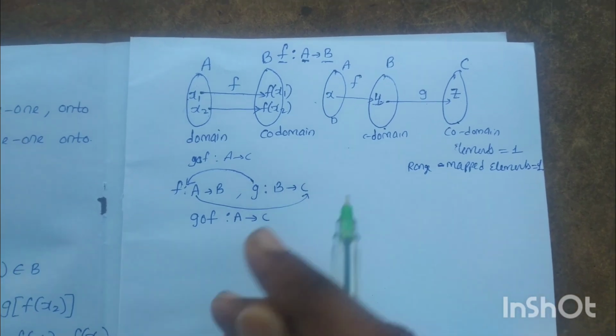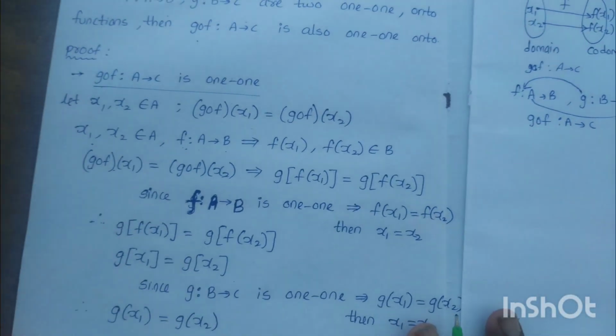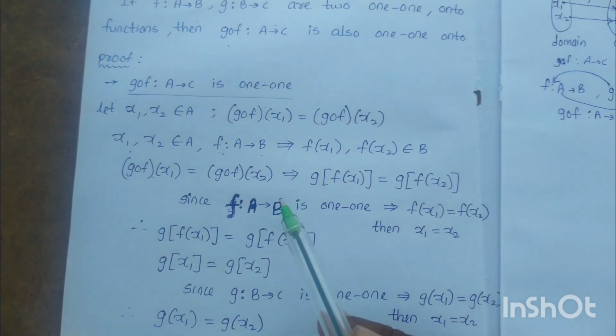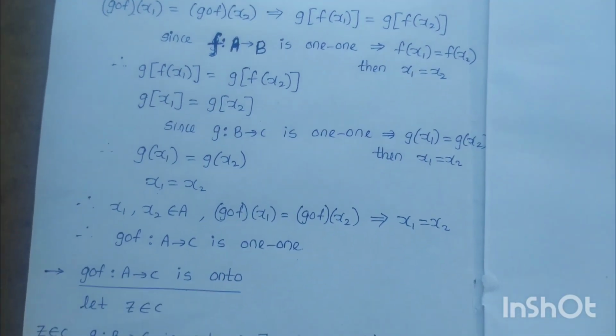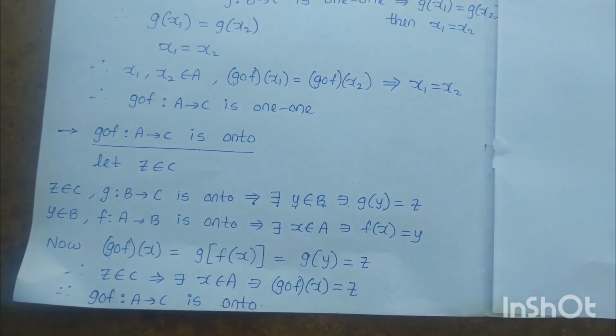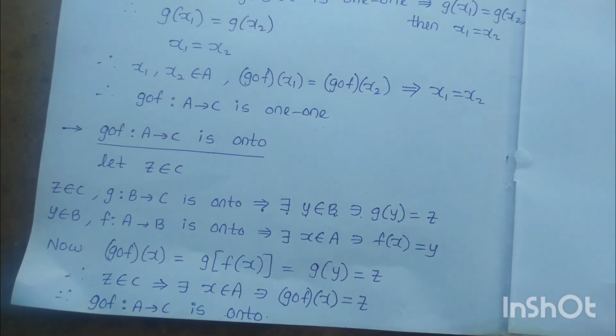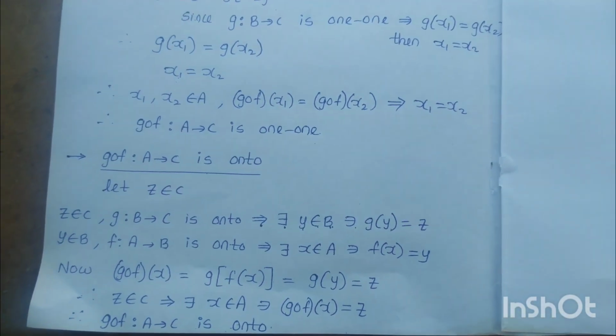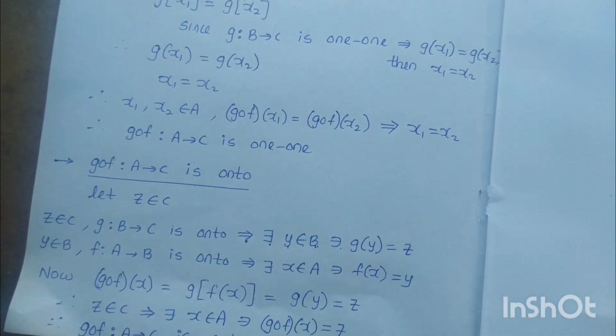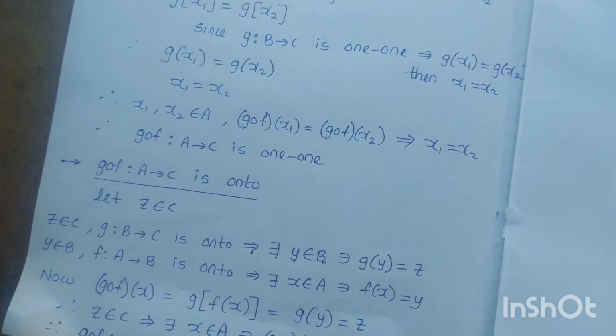That is what we proved here. First we proved g of f is a one-one function, next we proved g of f is an onto function. If you write this total data for this theorem, then it is more than enough.